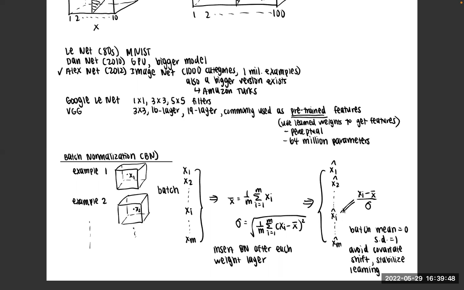This gives us a standardization. If you look at this whole batch, the mean of those xi hat will be 0, and the standard deviation of xi hat is 1, so that the overall distribution statistics are fixed, no matter what parameters you use to calculate those x1, x2, and so on.